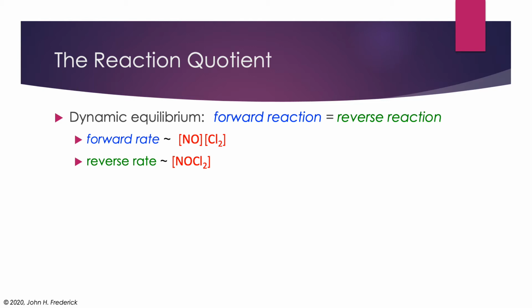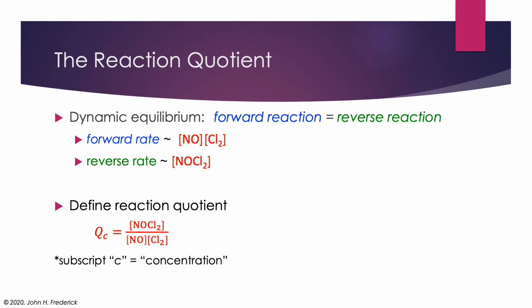Now, I want to use these two to somehow equate the forward rate and the reverse rate, but I don't know exactly how they're equated with one another. So what I'm going to do instead is look at the ratio of these different pieces and see if I can set that ratio equal to a number that I can track as the reaction goes. Well, that number is the reaction quotient.